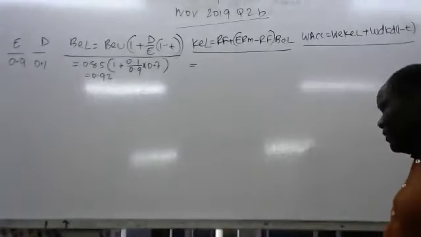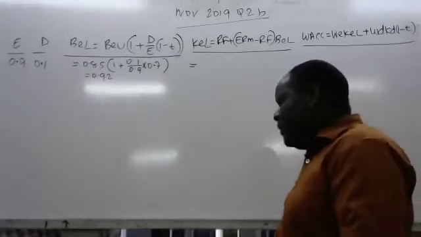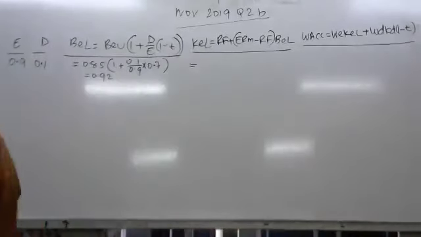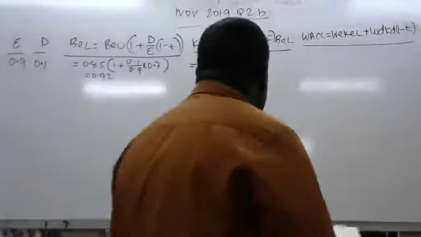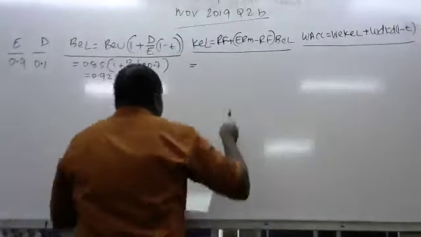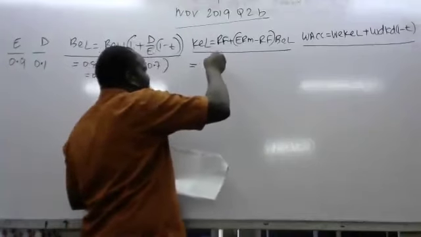KEL. So the risk-free rate was given in the question. The risk-free rate had been given a value in note number 2. They gave us 6%. So it will be 6%.